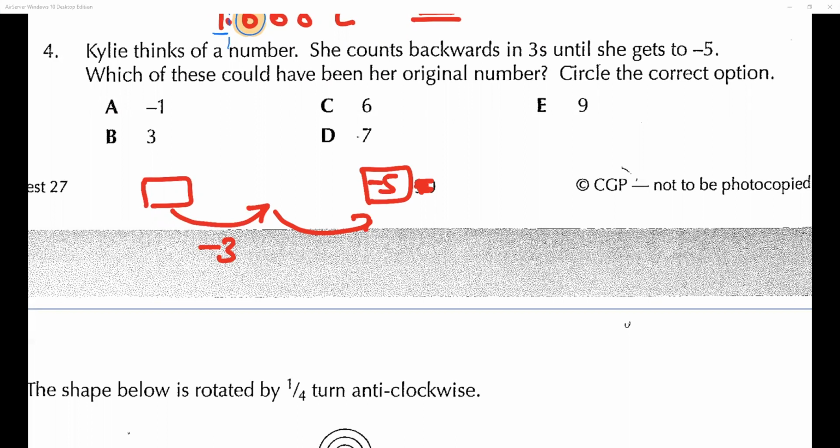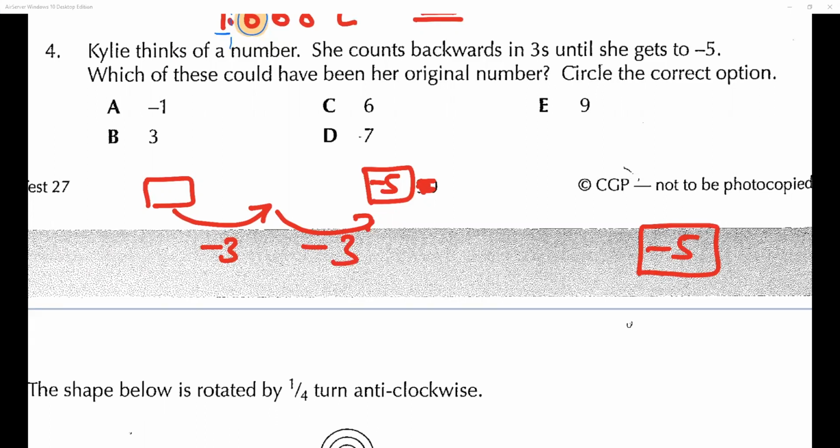So what we have to do, we've got to start from minus 5. And what's the opposite of minusing 3 till you get there? What's the opposite of minusing 3? Plus. It's plus 3. So what's minus 5 add 3? Minus 2.